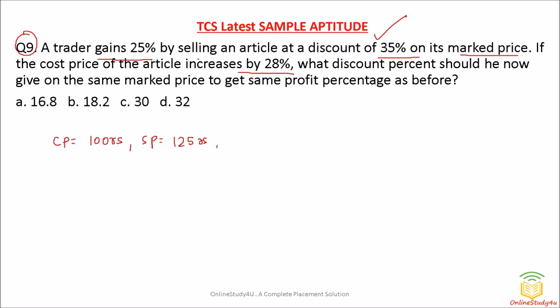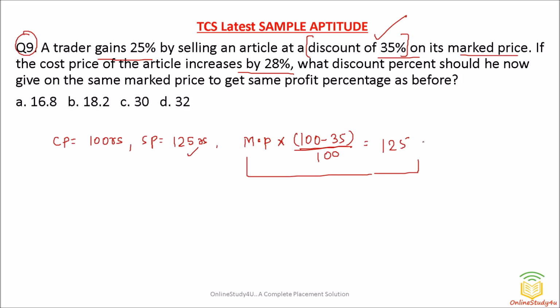A trader gains 25% by selling an article at a discount of 35% on its marked price. If you are getting a 35% discount, then for any discount, subtract it from 100 and divide by 100. So that means you are selling at 125 rupees, and that is after giving a discount of 35%.